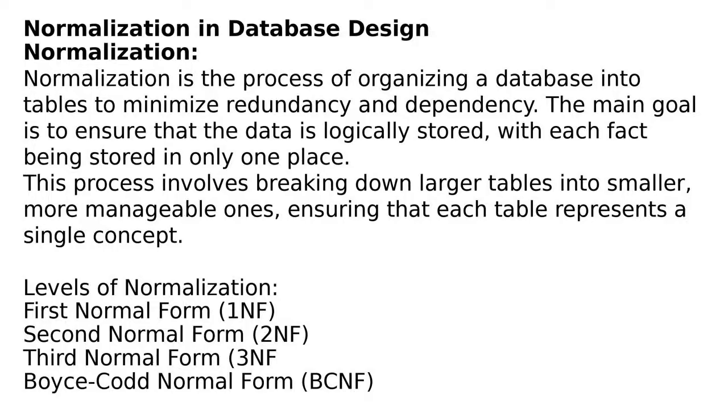This process involves breaking down larger tables into smaller, more manageable ones, ensuring that each table represents a single concept. So in the levels of normalization, we have first normal form, second normal form, third normal form, Boyce-Codd normal form. So if you have time, you can read up the theory behind the normalization.